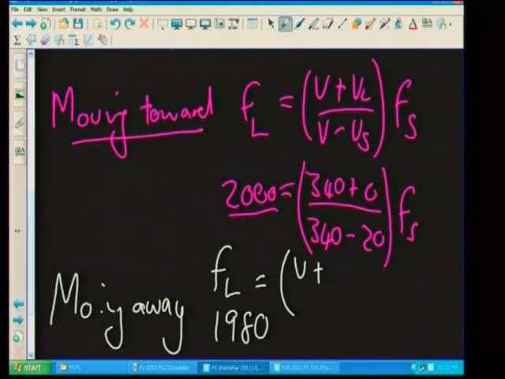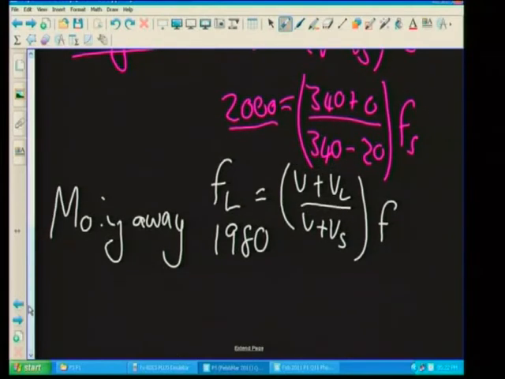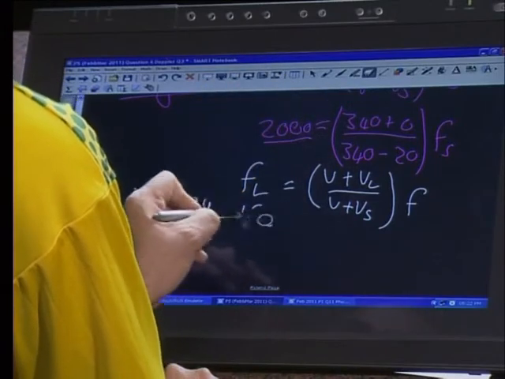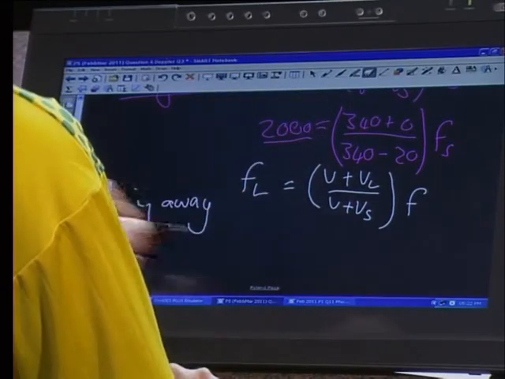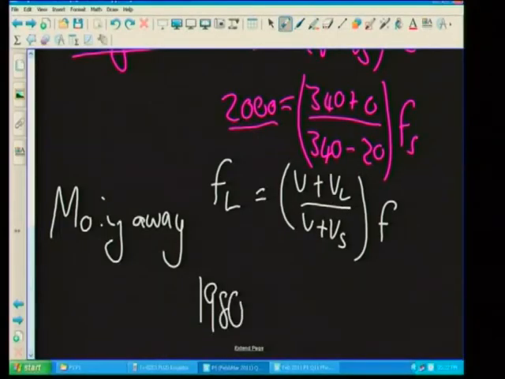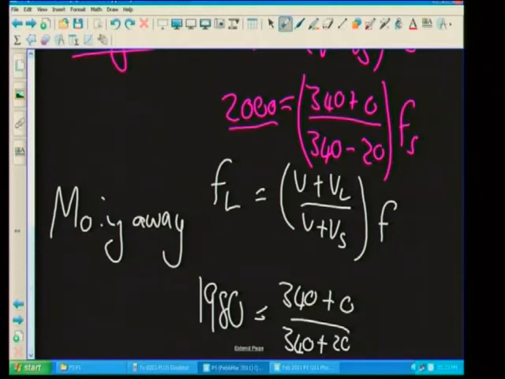So we're going to say V plus VL over V plus VS, because now we want the denominator to be bigger than the numerator. And now I can do my substitution. So 340 plus 0 over 340 plus 20, its constant velocity, and that would be your Vs.